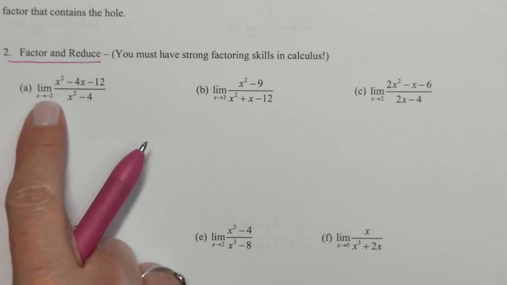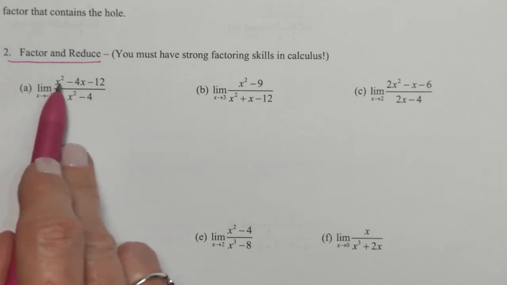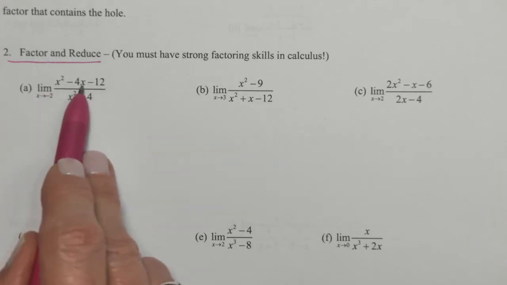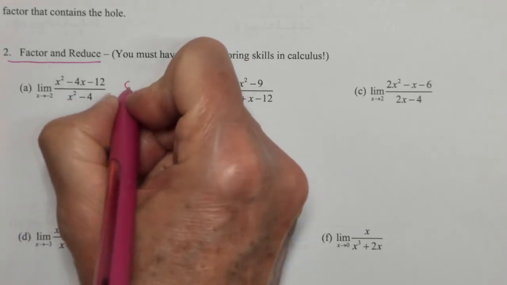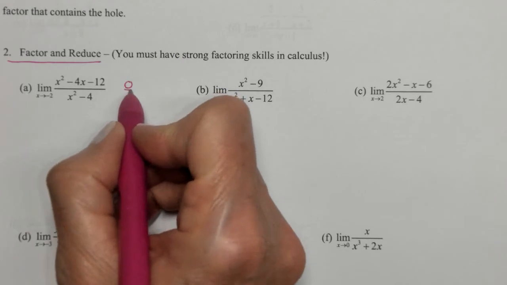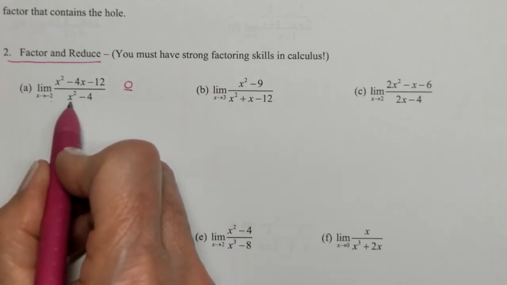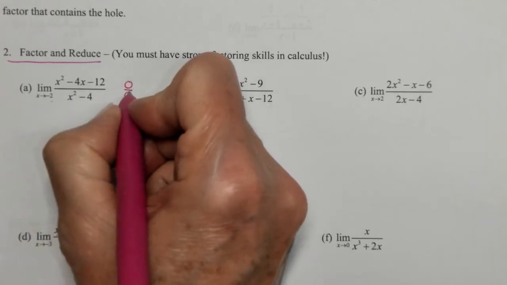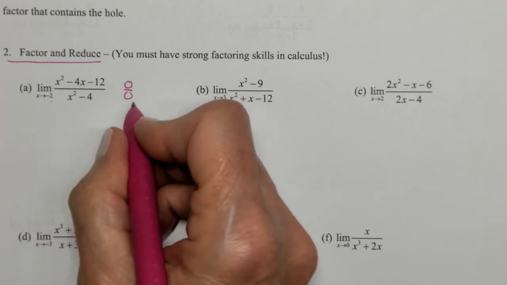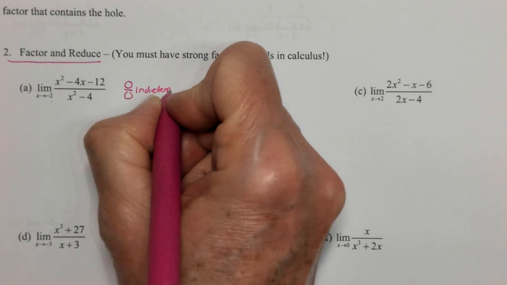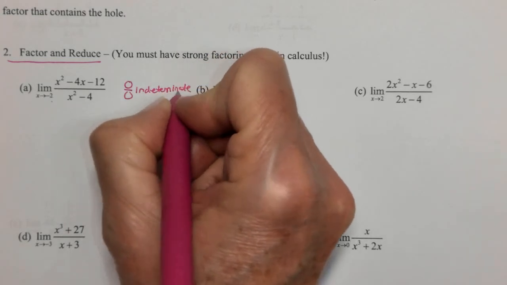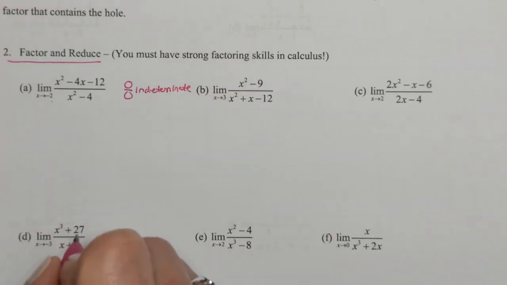So if we put in negative 2 for x, I'm going to have a 4 plus 8 minus 12, which is 0, on top, and on the bottom I'm going to have a 4 minus 4, so I get 0 on the bottom. 0 over 0 is indeterminate. You do not have to write this, but for the sake of your notes right now, that is indeterminate.